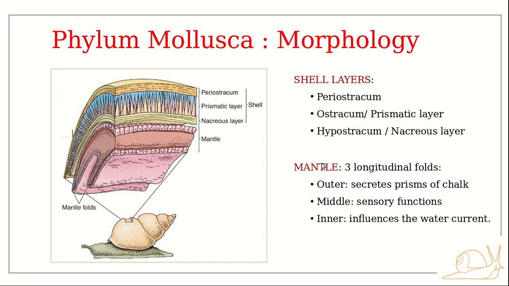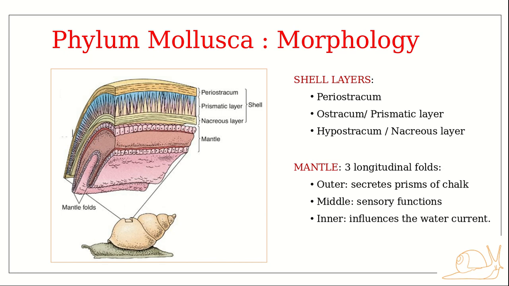As already mentioned, the shell is calcareous in nature. That is, it is composed mainly of calcium carbonate. In mollusks, the shell could be univalve or bivalve. Univalve is when there is only a single piece of shell, and bivalve is when it is formed of 2 pieces.